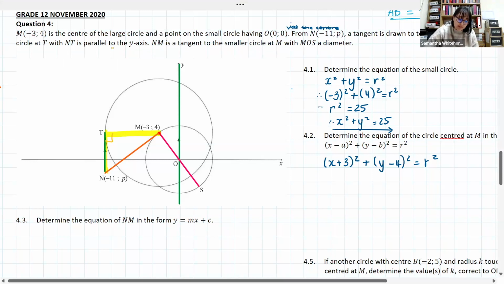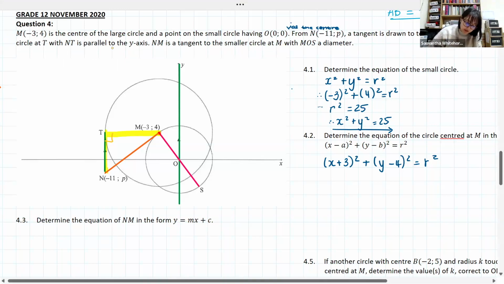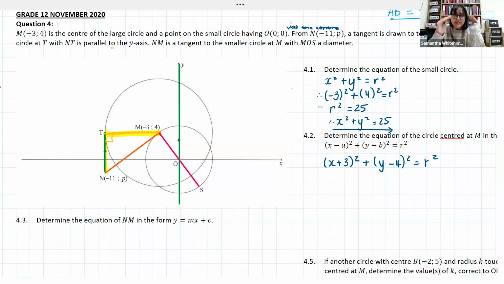Now, if it's perpendicular to our tangent, what that means is this line from M to T would be a horizontal line. The reason for that is NT is a vertical line because it's parallel to the y-axis. So all along that vertical line, the x values are the same.